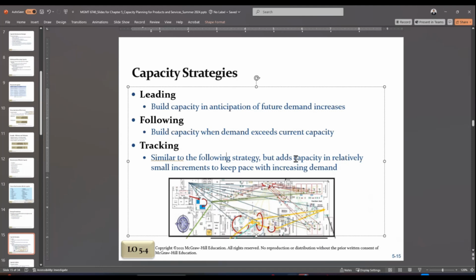But if the demand continues to increase, say 150,000, 160,000, 170,000 cutters per month, then try to add some machinery, improve the utilization factor. And once you hit the limit, then maybe add a facility or lease, or subcontract some of the processes that can be outsourced. So that's your tracking policy. It's similar to following, but you add capacity in small increments.